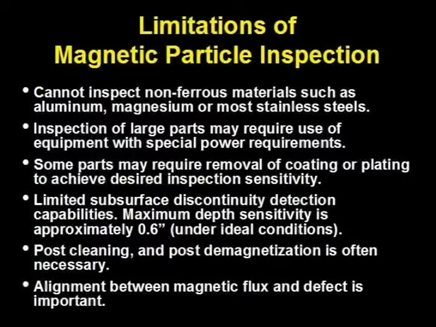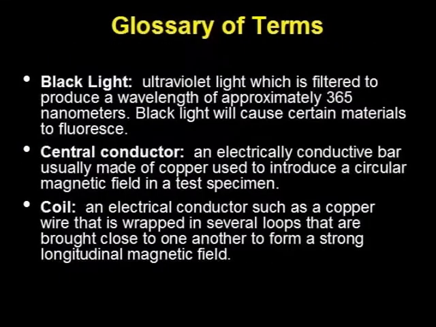The method has limited subsurface discontinuity detection capabilities. The maximum depth sensitivity is approximately 0.6 of an inch under ideal conditions. Post-cleaning and post-demagnetization is often necessary. Finally, the alignment between magnetic flux and defect orientation is important.